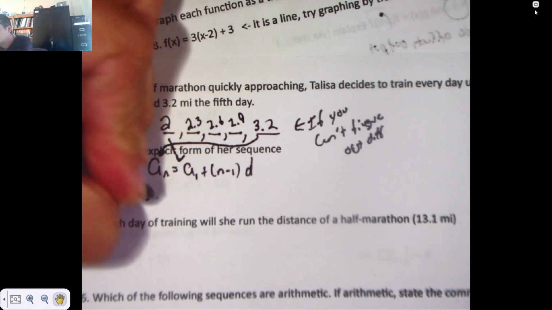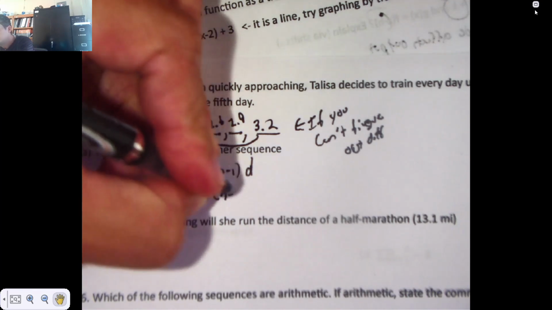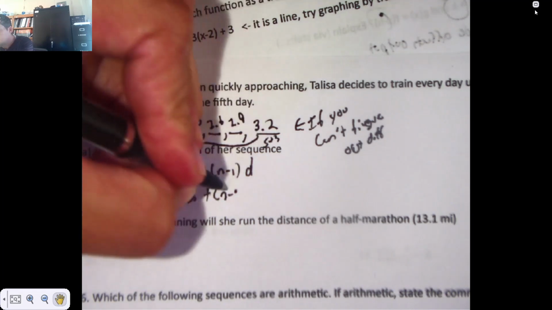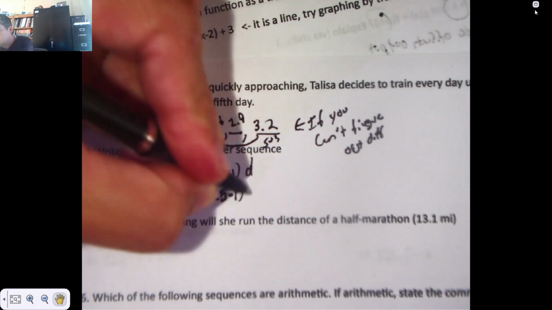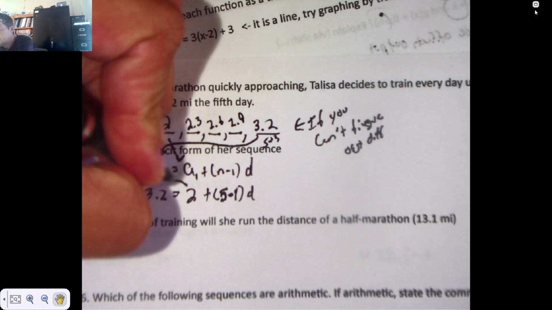The last term was 3.2. It must equal the first term of 2 plus, this is the fifth term, right? Plus 5 minus 1 times the difference. You can just do algebra. The truth is, that's what we made algebra for. We made algebra for when we just have a brain fart or something just gets too complex to look at the numbers, if we're not very good with patterns.